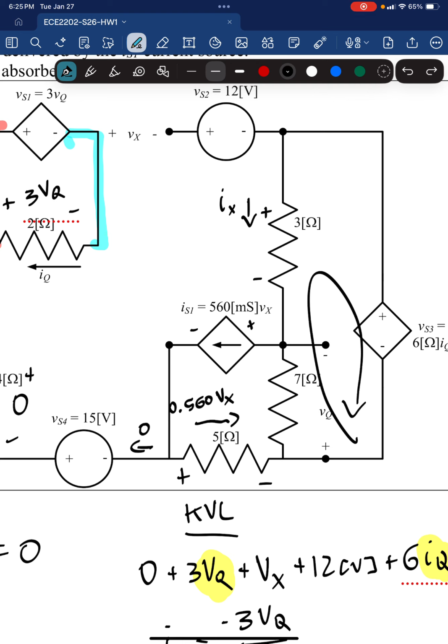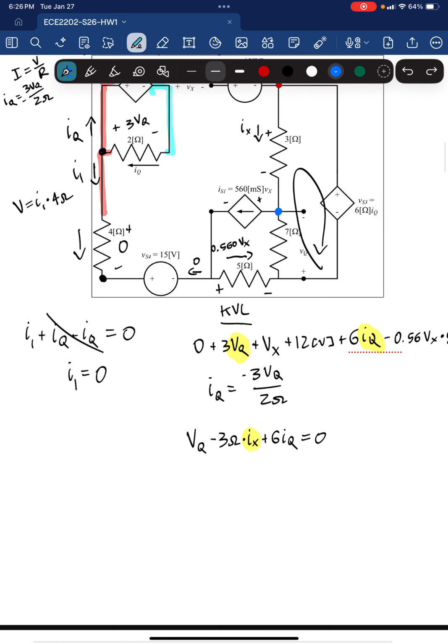So that leaves us with one other option, and that's KCL. Obviously, we can't do a KCL at this junction because there's zero current entering. So you just have Ix entering, Ix leaving. That doesn't tell you anything. So that leaves you with one other junction that you can do a KCL at, which is this one right here. So let's do the KCL here.